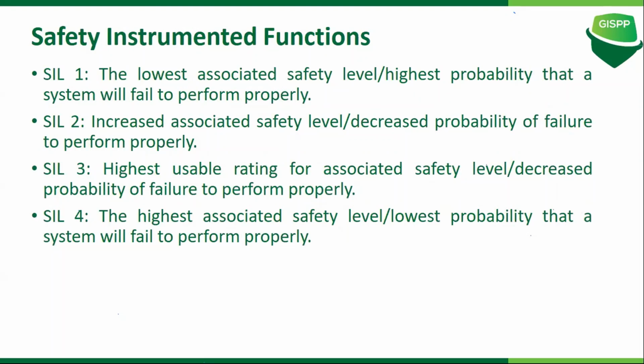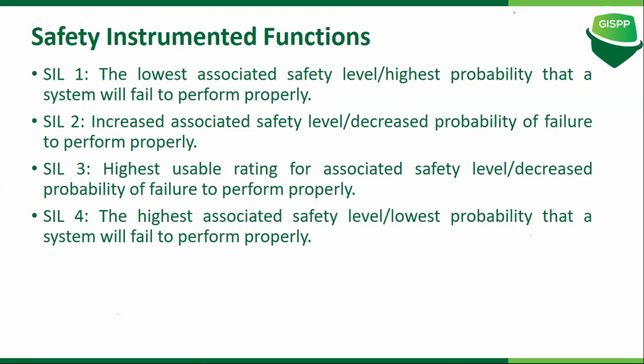We call them SIL, safety integrity level. On SIL 1, we say it is the highest probability that the system will fail to perform properly. Similarly, we go to level 2, level 3, and level 4.